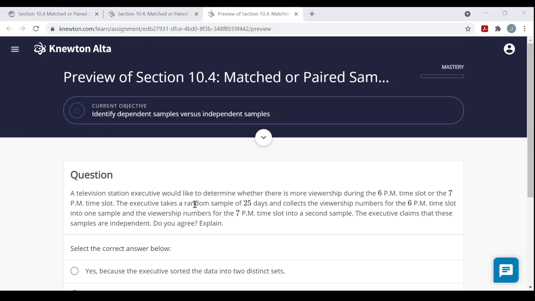The executive takes a random sample of 25 days and collects the viewership numbers for the 6 p.m. time slot into one sample and the viewership numbers for the 7 p.m. time slot into the second sample. The executive claims that these samples are independent. Do you agree and explain?